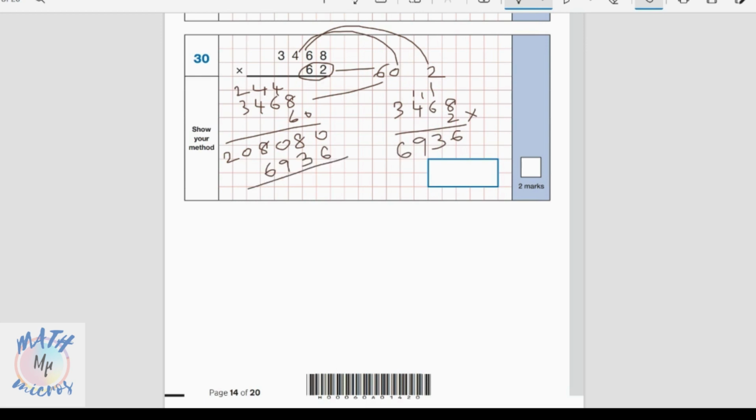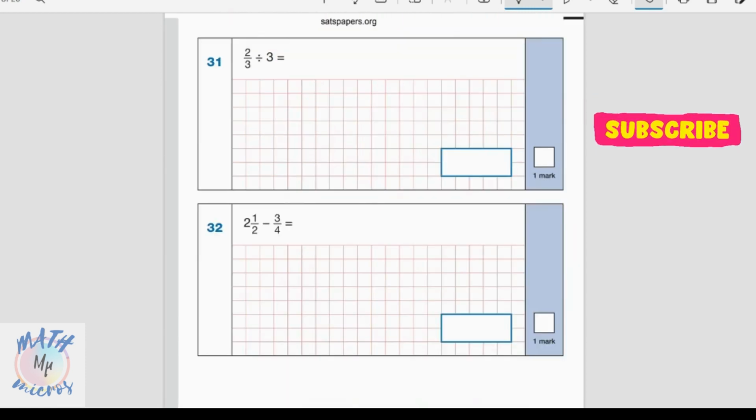So 6, 9, 3, 6, you add together: 6, 8 plus 3 is 11, and 1 plus 9, 10, 9 plus 6 is 15. Have 1 and then the 2. So the answer is 215,016.